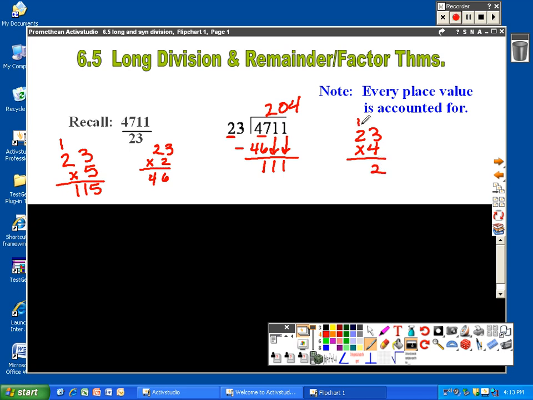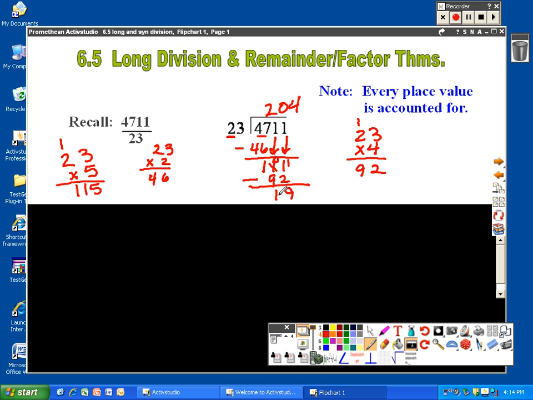And when you multiplied, you got 92. And then you would subtract the tens digit and the ones digit. And you would have 19. And at one point, you would write remainder 19.